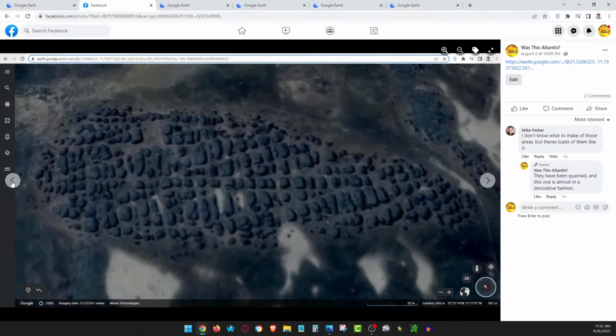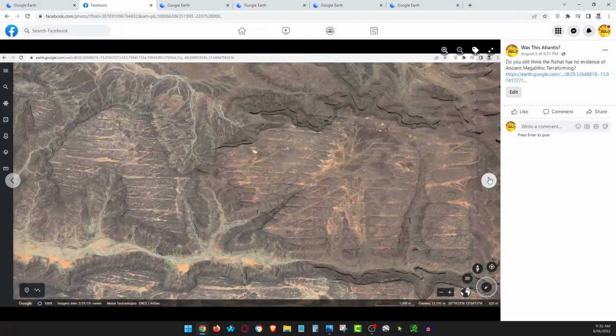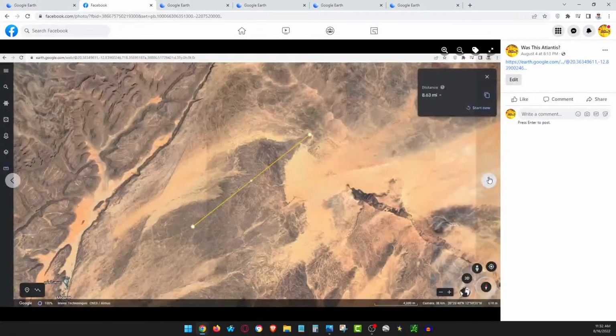Look at this one. Just obvious ancient technique in quarrying that made a very beautiful result. This is very close by that other one, between the parallel canals that I visited. I walked here. And if I had gone over here, I would have seen the other canals when I went to Africa.